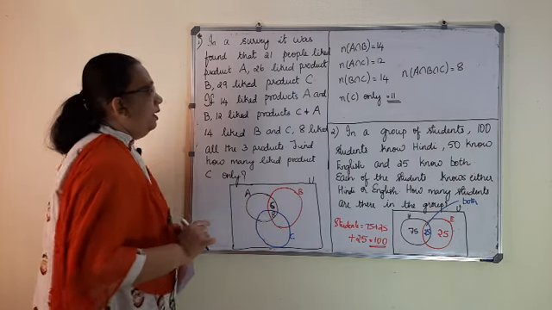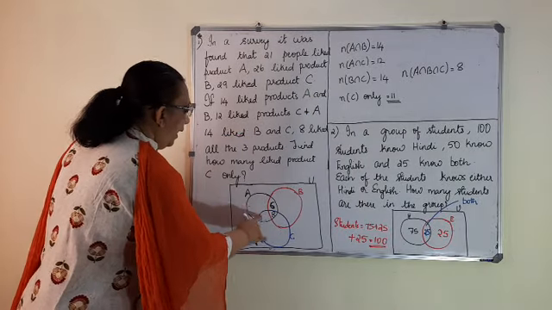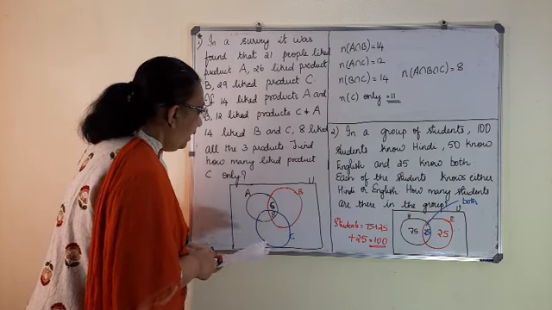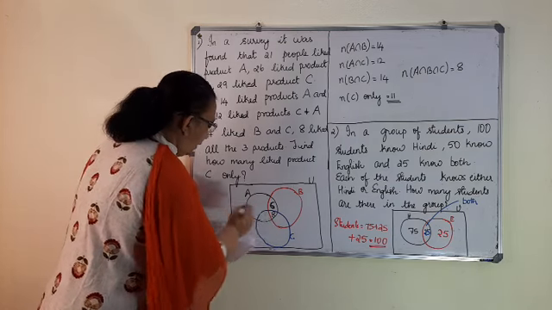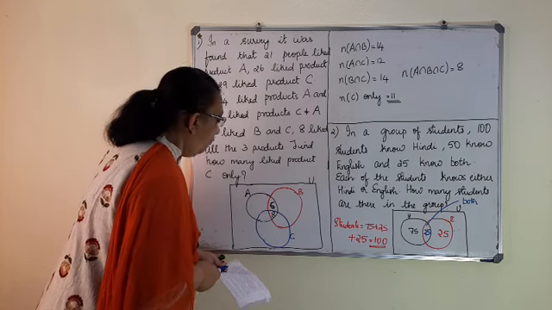Now A intersection C is equal to 12. So A and C is liked by 12. 8 is liked by all the three, so the remaining is equal to 4.